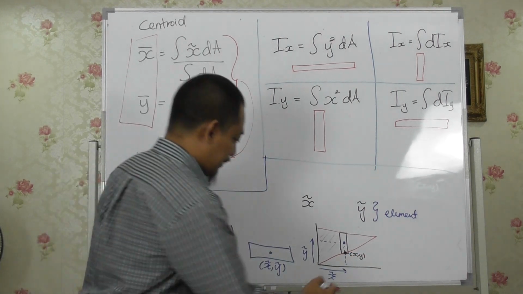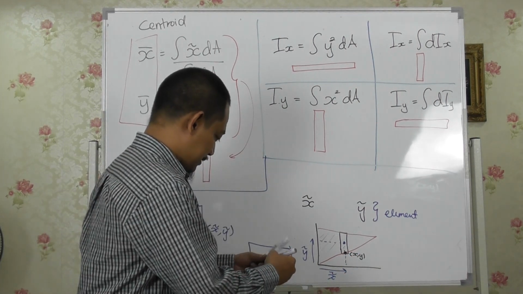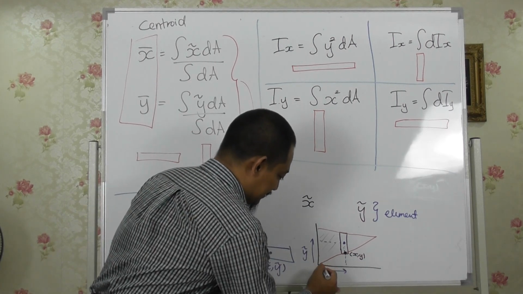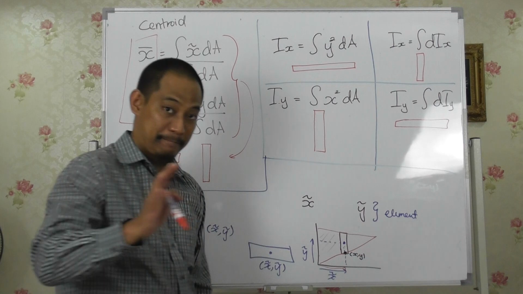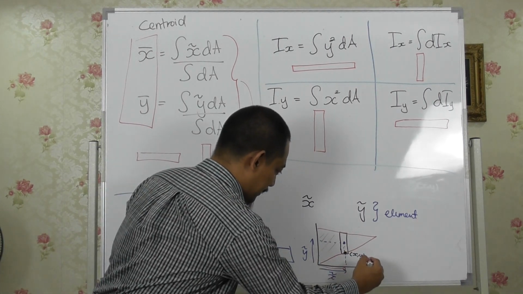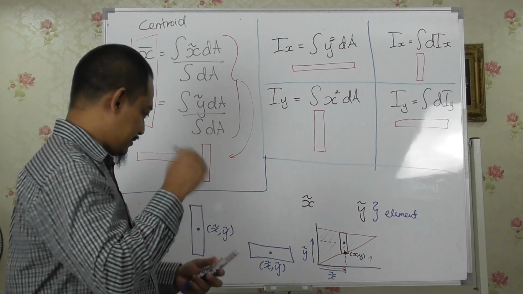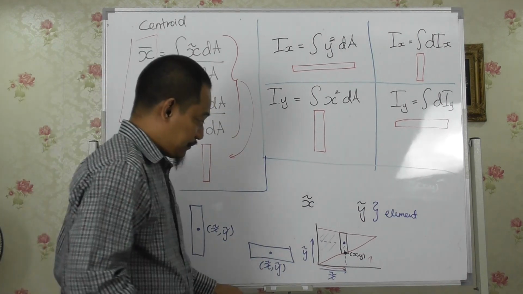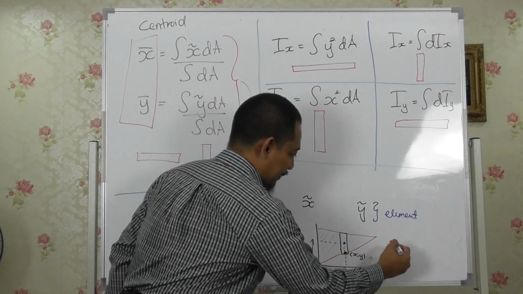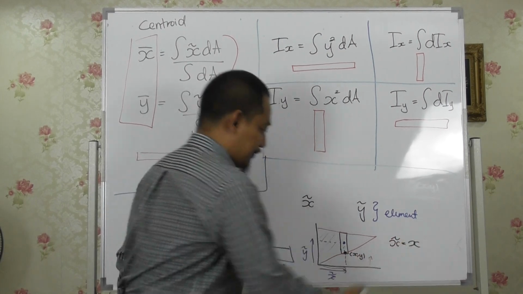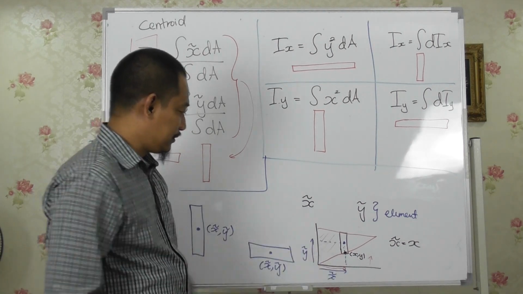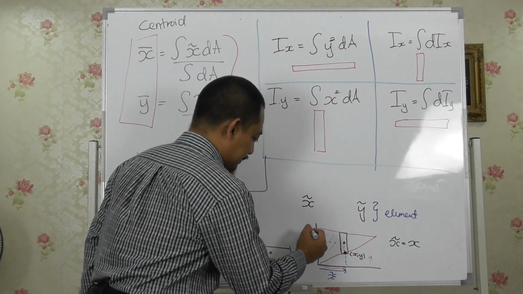Okay, so x coincidentally is here, the same, and y is here. This is y. So that's why you get x wave equal to x, because it's basically the same length.